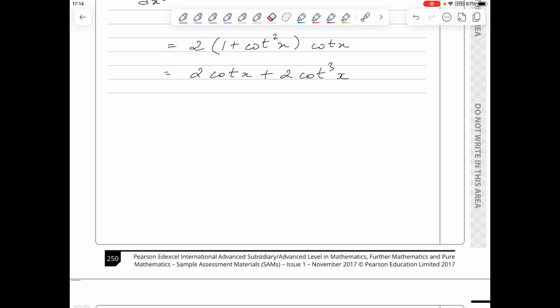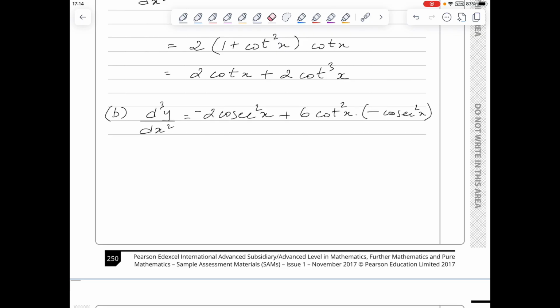For the third derivative, I will just repeat differentiation. Cot x again gives me minus cosec squared x with the 2 at the front, and then for these I'll have to use again the chain rule, so I get 6 cot squared x times the derivative of cot x, which is minus cosec squared x. Let's again replace the cosec squared x with 1 plus cot squared x.